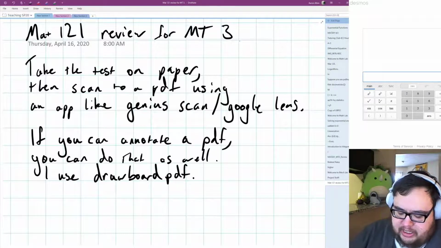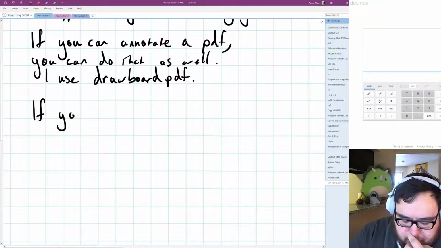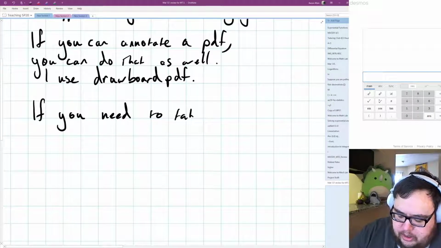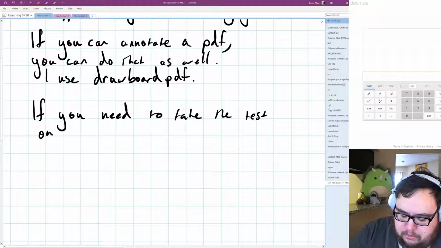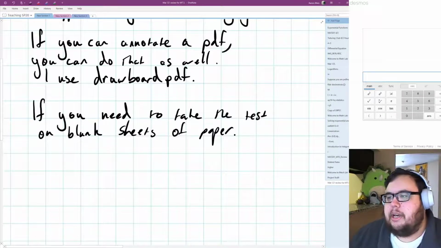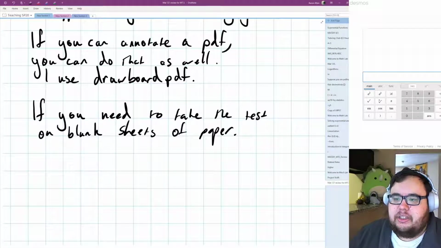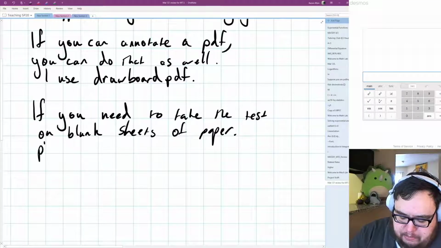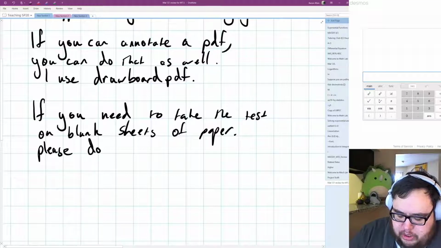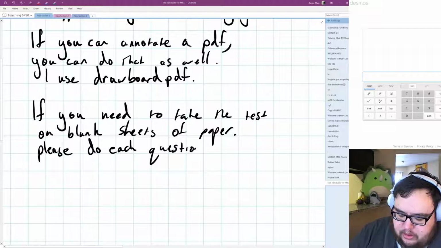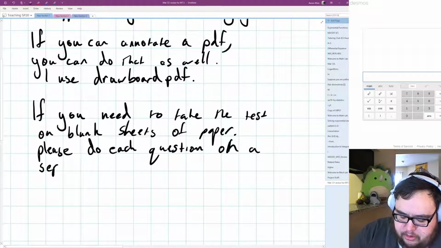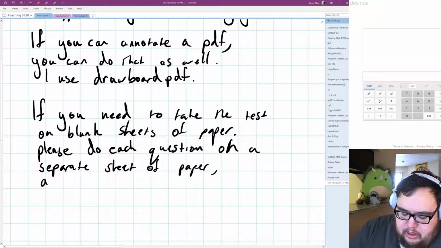And if you cannot actually take the test on the PDF, for example you don't have a printer or something like that, and there's no way for you to write on the paper or annotate the PDF in any way, then please do each question on a separate sheet of paper and label them clearly.